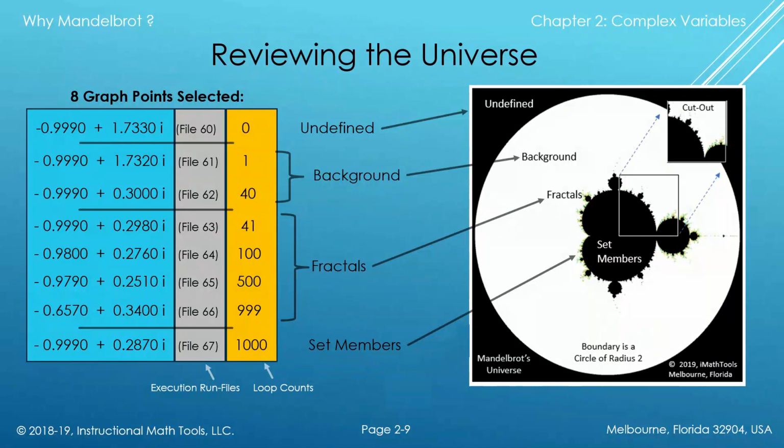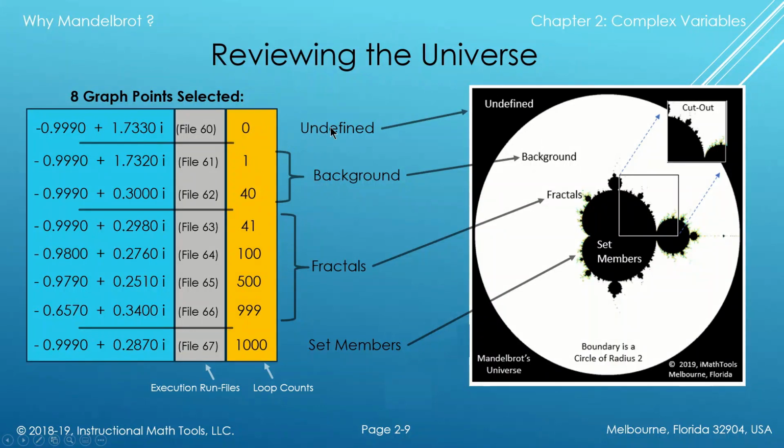So what we did in chapter 1, we picked 8 points and ran them through the recursive equation, and we found out how many loops they went through. And based on how many loops they went through, that told us what they were. If it was 1,000 or over, it was a set member. If it's one of these, it's a fractal. It's one of these, it's a background. It's one of those, it's undefined.